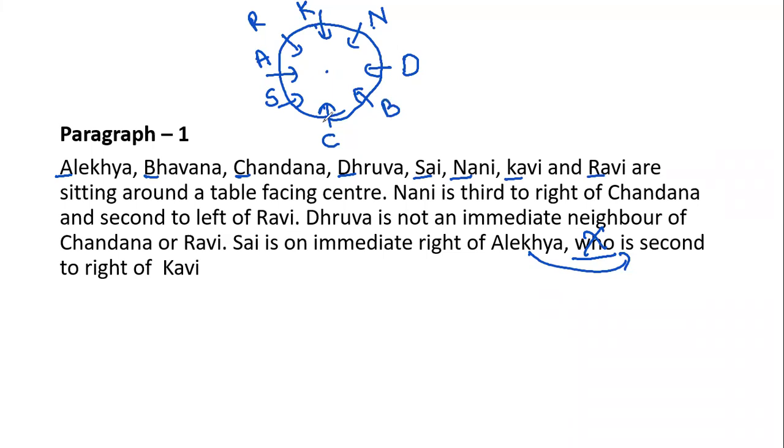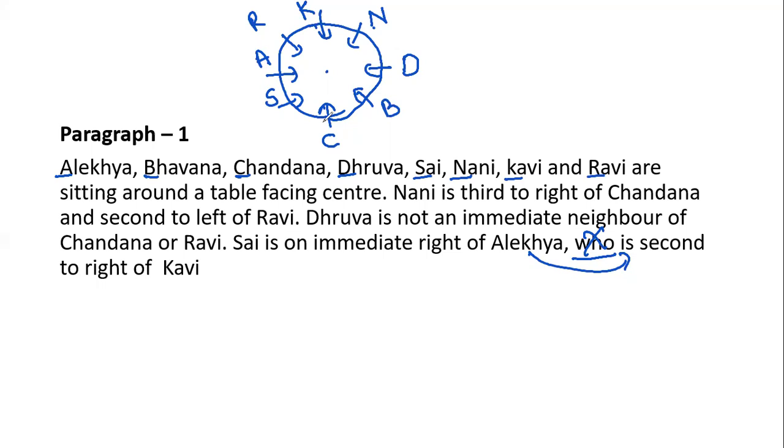So first I have placed Chandana here. Then Nani is third to the right of Chandana, so I have kept Nani there. Keeping Nani in the same position, I ensured the position of Ravi. So Ravi, Nani and Chandana positions are fixed. If Dhruva is not an immediate neighbor of Chandana or Ravi, Dhruva's place is this. That is also fixed.